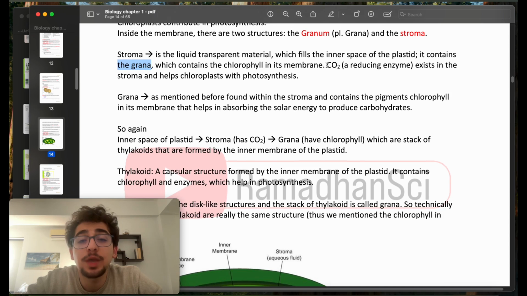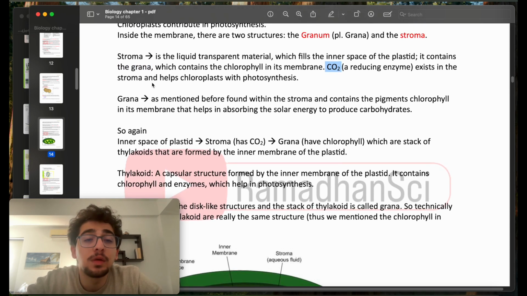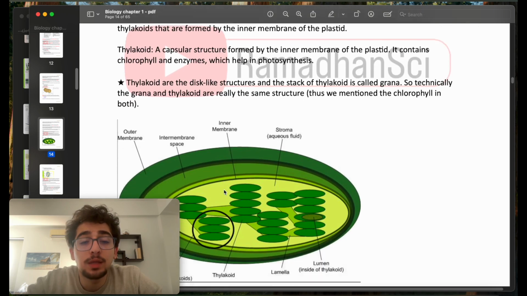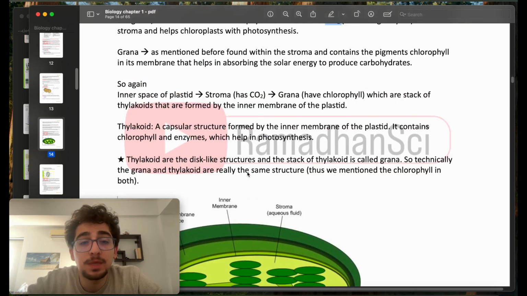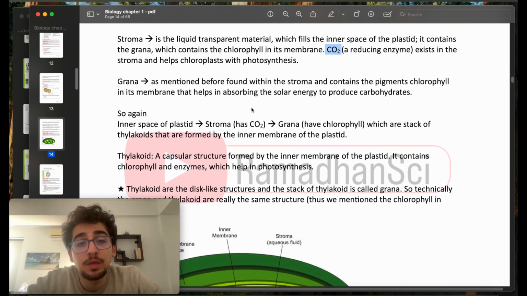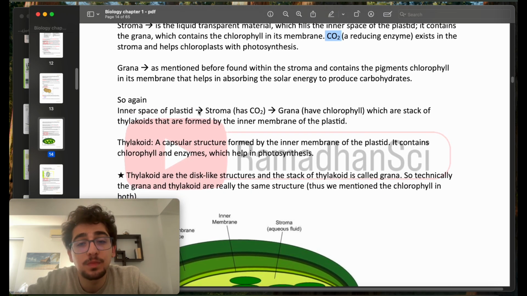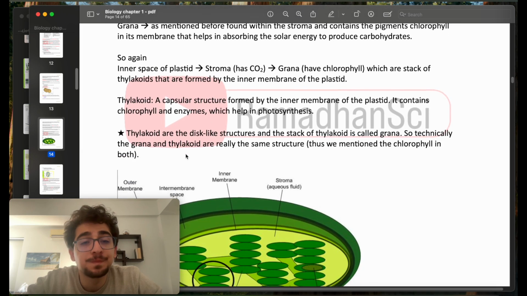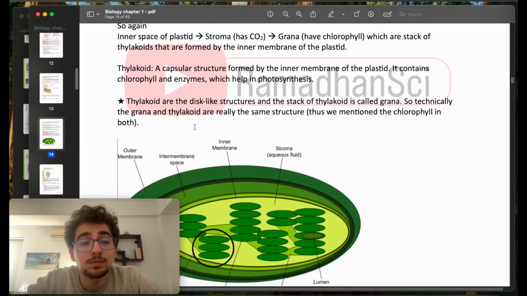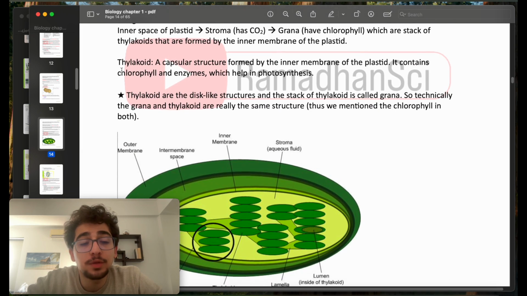In the stroma, we have the CO2 reducing enzyme that helps chloroplasts with photosynthesis. And the grana contain the chlorophyll, which is the pigment that helps in photosynthesis. You can have the thylakoid as a definition question.